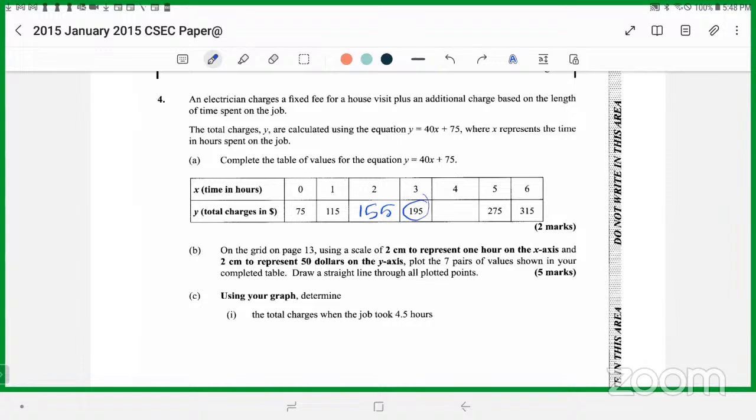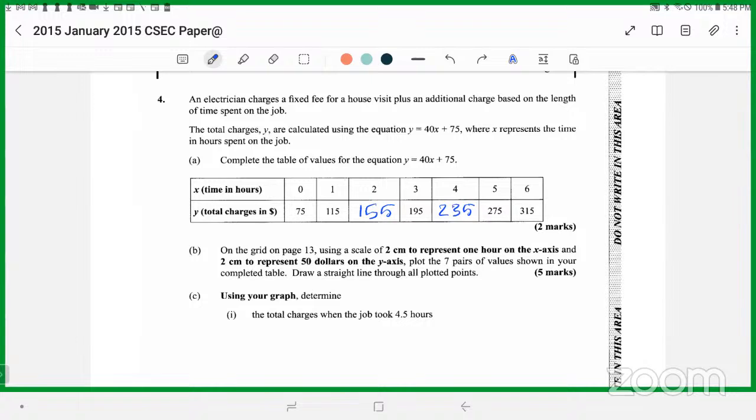What will I get? 235, sorry, I've gone over 2 now. 235. And if you add another 40 to this, you're going to get 275. If you add another 40, you're going to get 315. So you see that you keep adding 40 because it's $40 every hour.